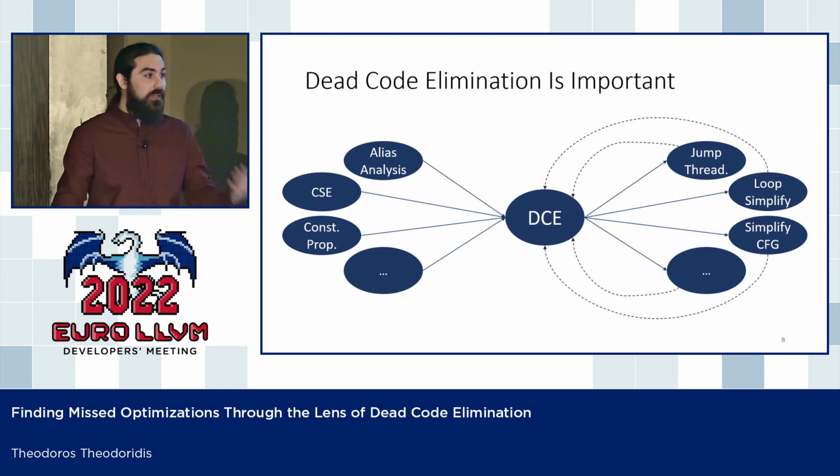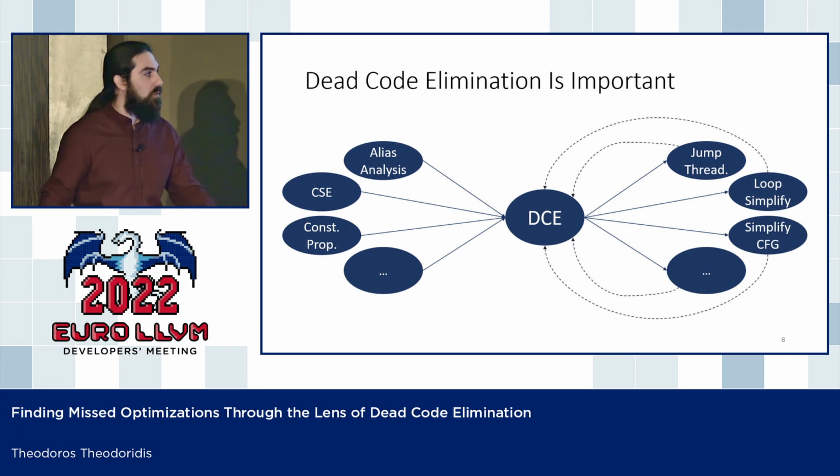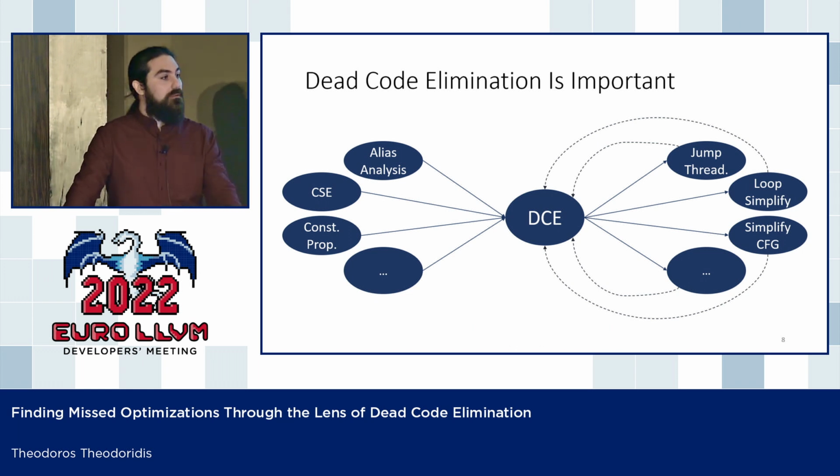But it is also affected by many of these. So our core insight was the following. If a compiler is able to remove dead code successfully, then maybe this is a sign that something else has been done correctly. So maybe our alias analysis is doing a good job. On the other hand, if DCE somehow fails to eliminate a piece of dead code, maybe this is a sign that something else has gone wrong in some of the other compiler components.